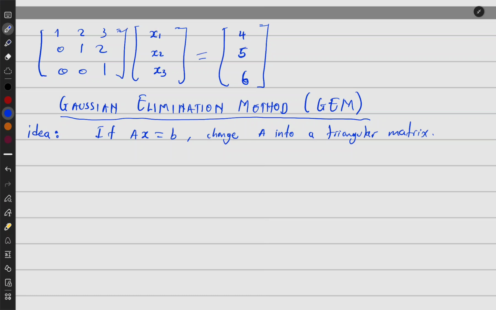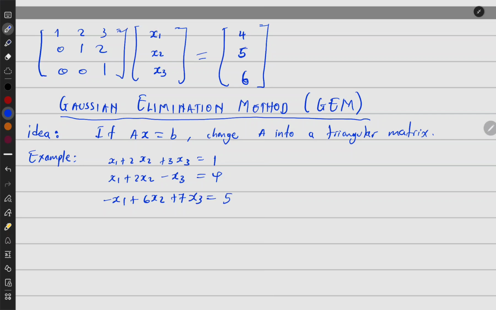So for example, if I'm given x1 plus 2x2 plus 3x3 equals 1, x1 plus 2x2, let's say minus x3 equals 4, negative x1 plus 6x2 plus 7x3 equals 5, and I want to solve this.